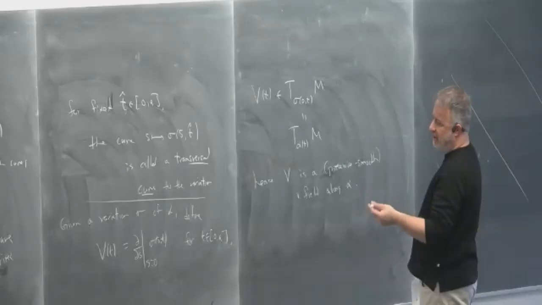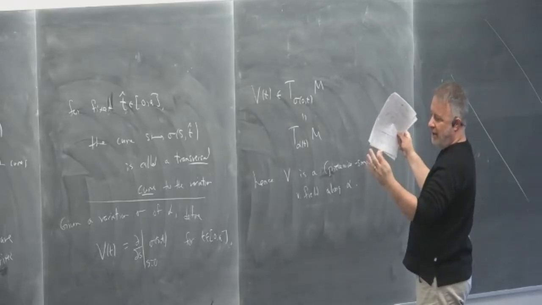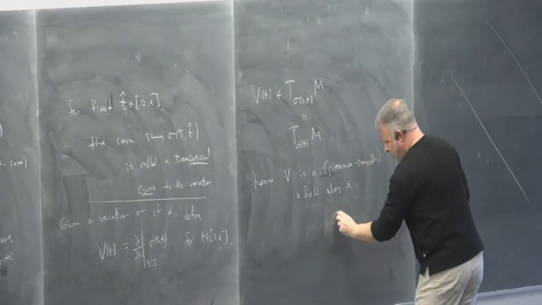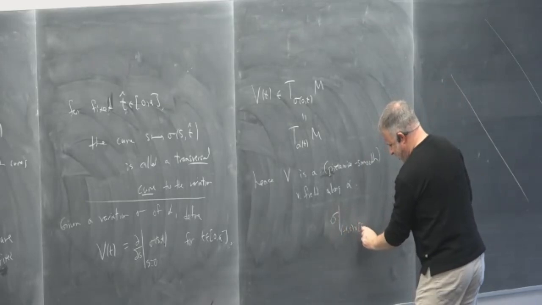So is it obvious that the transversal curve is actually differentiable? That was part of the assumption. The assumption was that sigma is smooth when you restrict sigma to minus epsilon, epsilon times t_{k-1}, t_k, it's smooth.